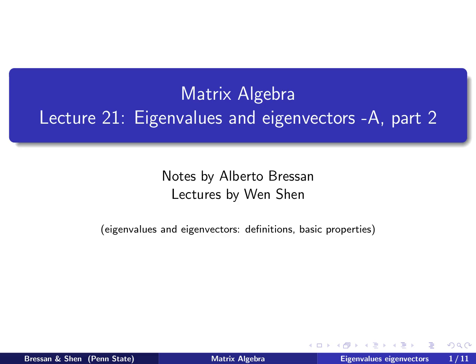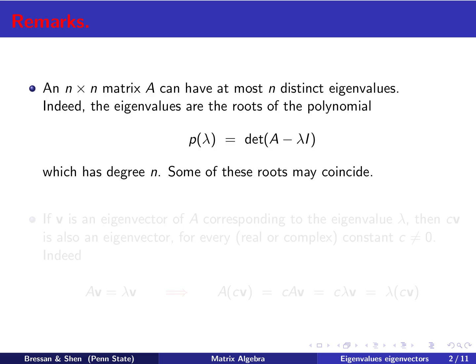Now let's continue our discussion on basic properties of eigenvalues and eigenvectors. Here are some properties. Let's say you have a matrix A that is m by n, and then such a matrix can have at most n distinct eigenvalues.